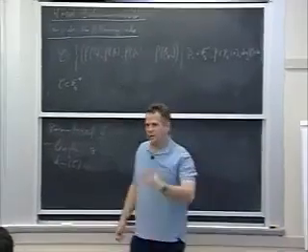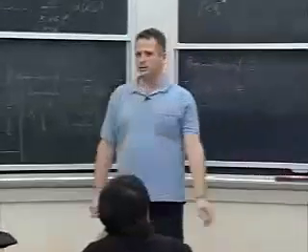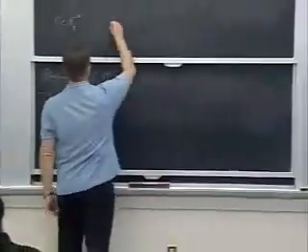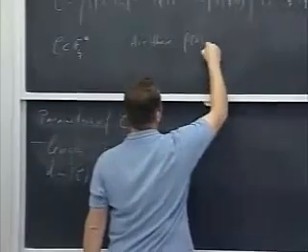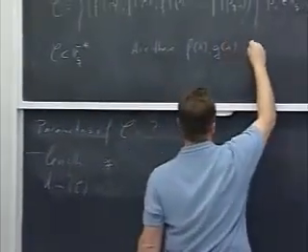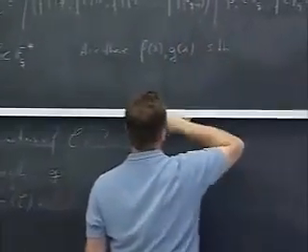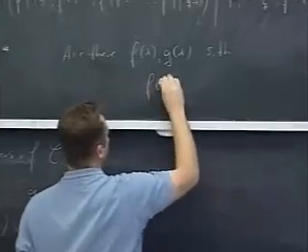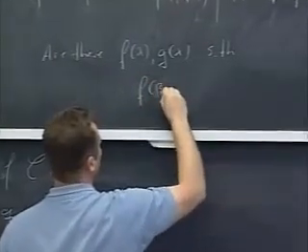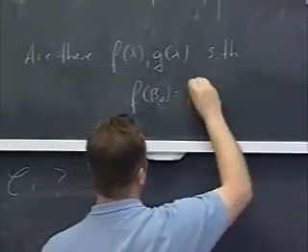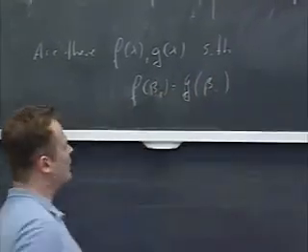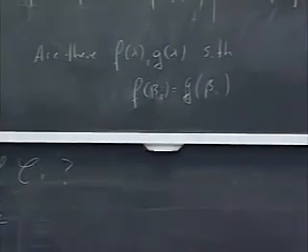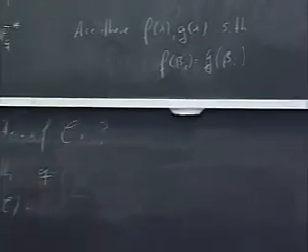Are there f(x), g(x) such that f(beta_i) equals g(beta_i) in all positions? No, then they would be the same.